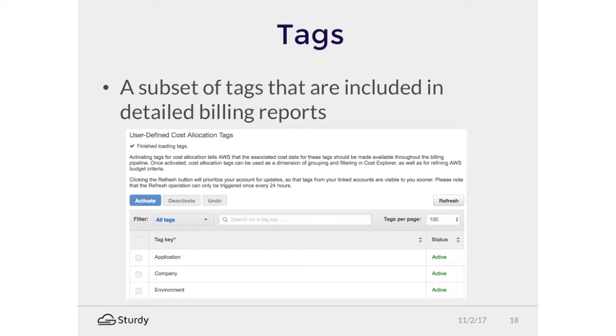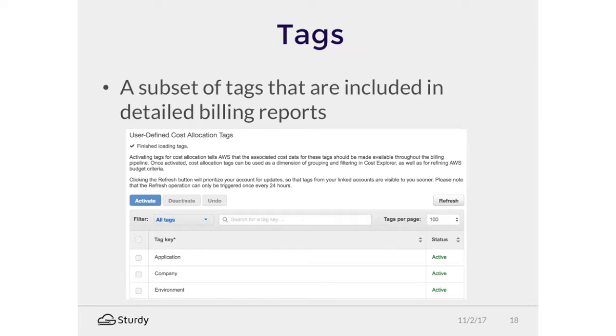All that means is that these tags become part of the detailed billing reports that you get. Nothing changes in the way the tags work outside of the billing system. So you can still use these tags and other tags in managing your resources, managing IAM permissions, and for all the other uses of tags. But the ones you list here will have the additional value of being included in the billing reports.